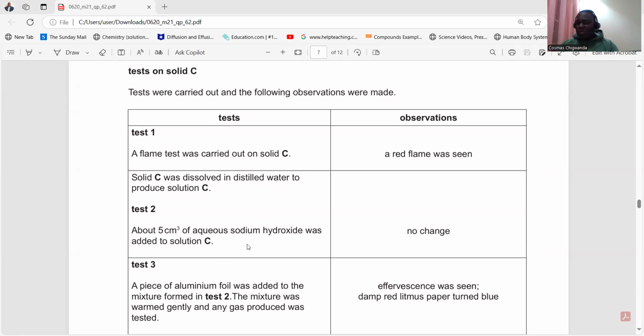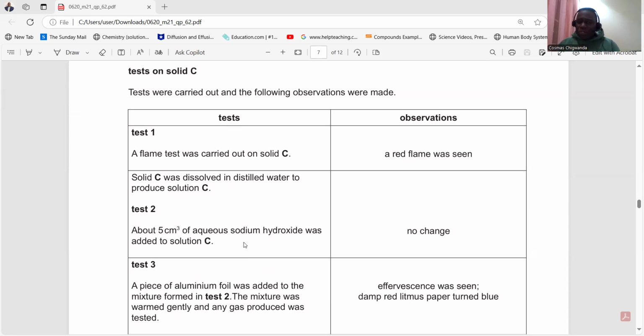Then test 3, a piece of aluminum was added to the mixture formed in test 2. What you should know is the procedure. Once you're familiar with the procedure, then you don't have a problem. If a person says add dilute nitric acid followed by silver nitrate, already in your mind you should have the knowledge to say these reagents, one after the other, are looking for this.